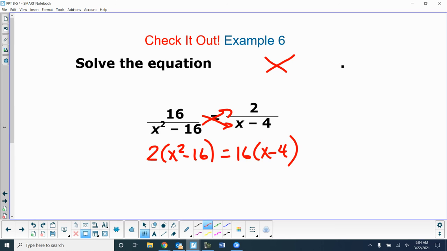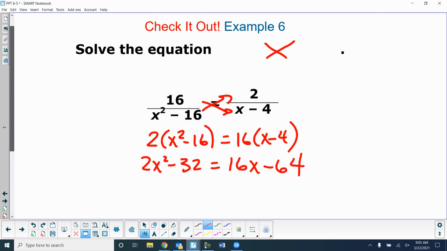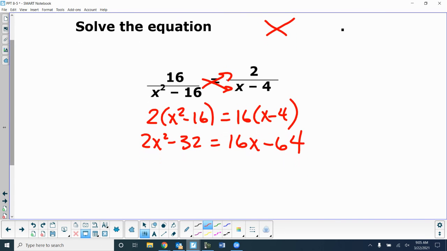There's no more fraction then, right? Does that make sense? Distribute the 2. Distribute the 16. You got an x squared, so you got to set it equal to 0. So the 2x squared will stay there. The 16x I'll subtract. Bring it over here.